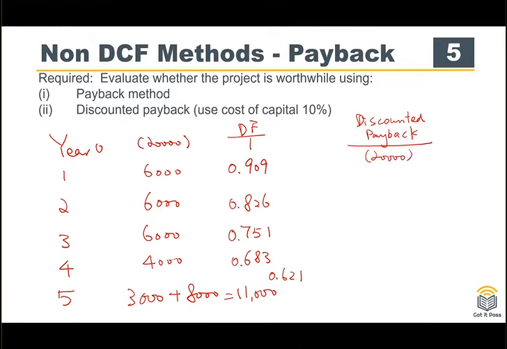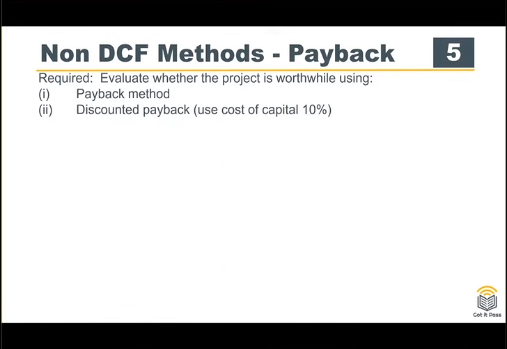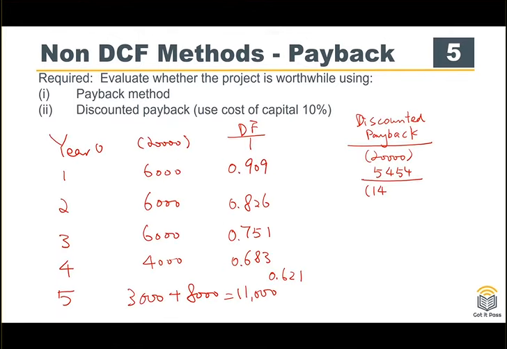For the discount payback, year 0 is minus 20,000, and for the first year the discounted cash flow is 5,454, so the balance is 14,546. The second year is 4,956, and then we get the balance.